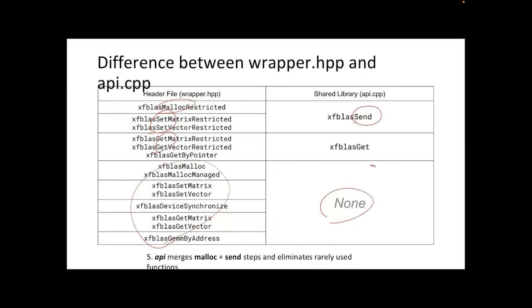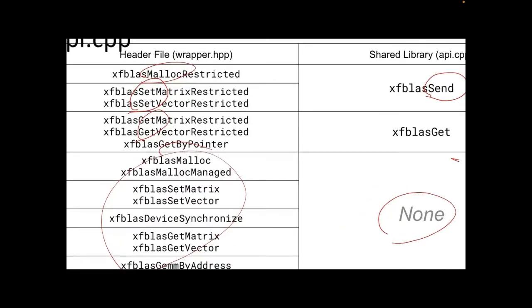The difference between the alloc restrict and the alloc is that the restrict version of the functions requires the memory to be aligned by the row, with some padding applied.